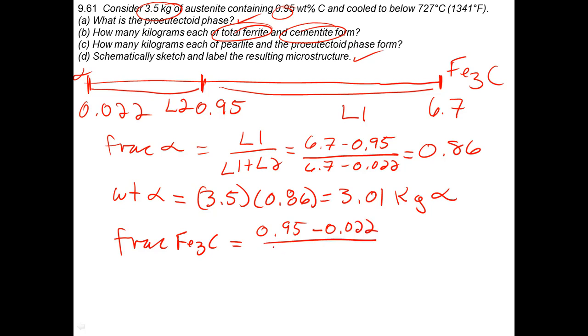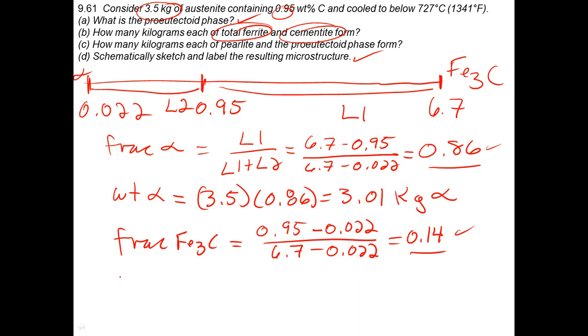Similarly, we can calculate the fraction of total cementite of 0.14 using L2 divided by L1 plus L2, and it just confirms, as it should, that those values total up to 1.